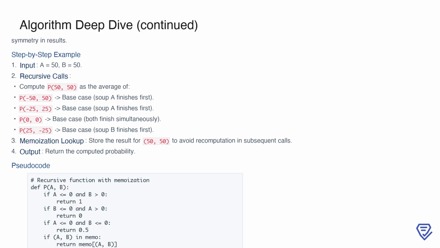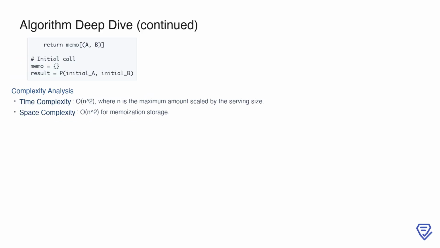By following this process, the algorithm systematically computes the probability for any given amounts of soup A and soup B. The pseudocode provided here illustrates this process step by step, with a base case check, a memoization lookup, and recursive calls to calculate the probability for the current state. The final step in the algorithm is to initialize the computation.